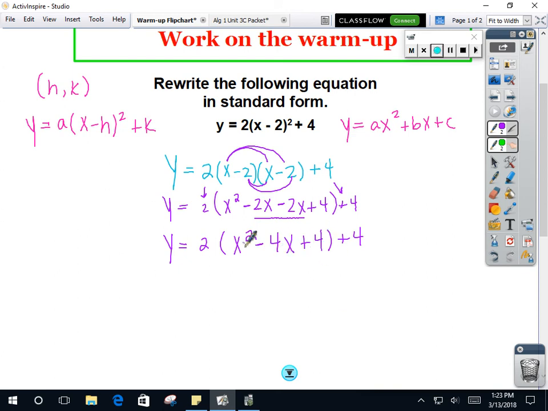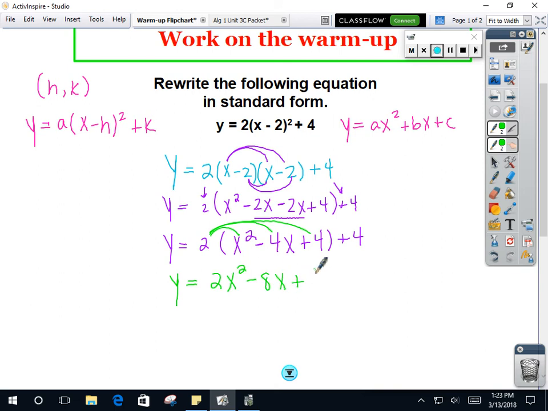Okay, now that that's simplified, what do you think we would do next? By what though? Correct. And that will become y equals 2x squared minus 8x plus 4.